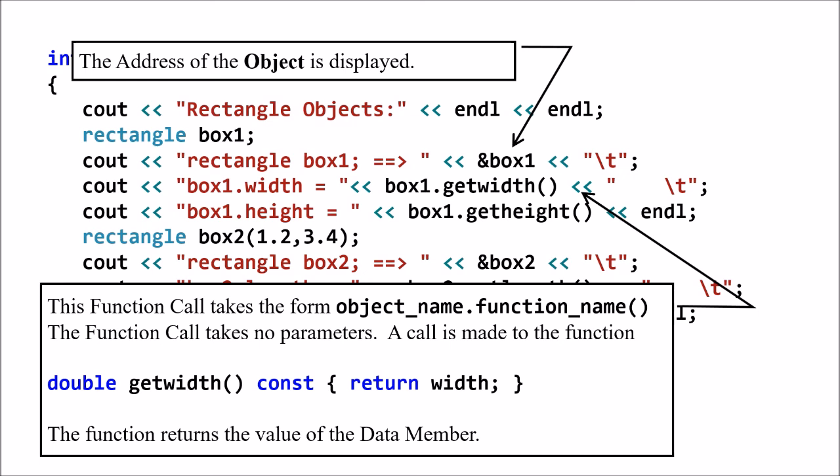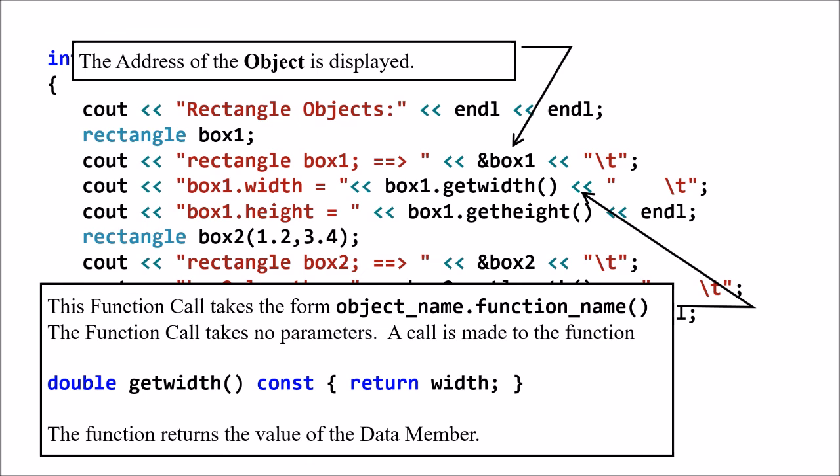Box1 is the object name, then the dot operator, and then getWidth is the function name, and then it takes no parameters, so there's the open and close parentheses. That is a function call to the accessor function that returns a type double. Its name is getWidth, it takes no parameters, and it returns the width of the object as a constant.